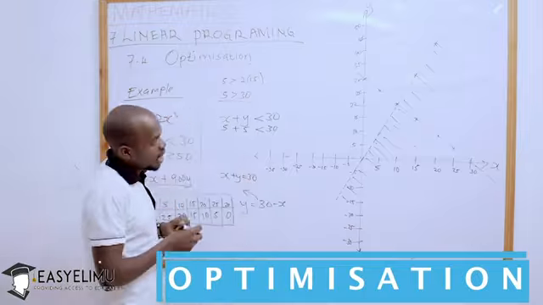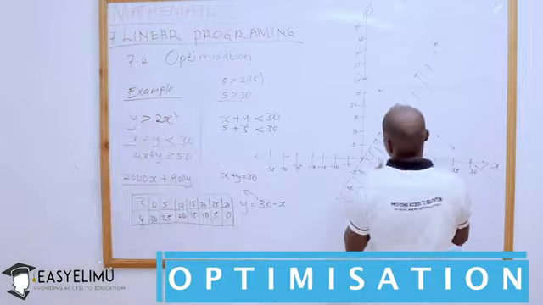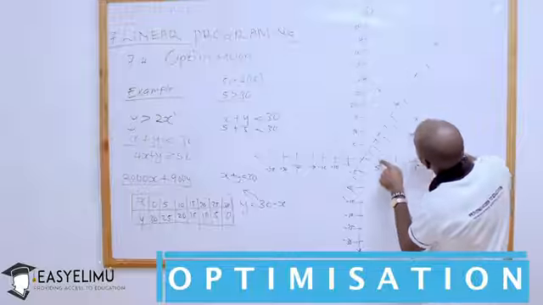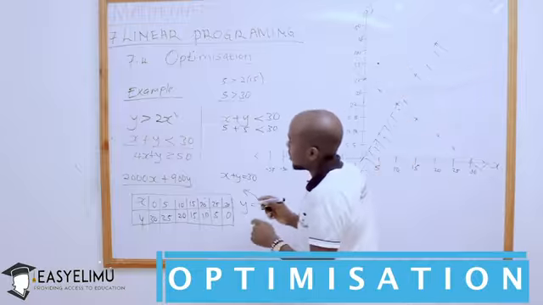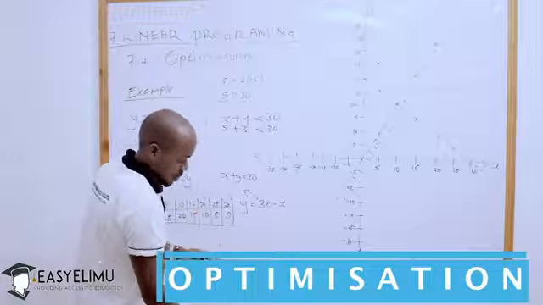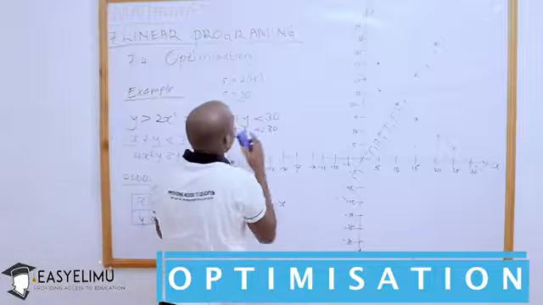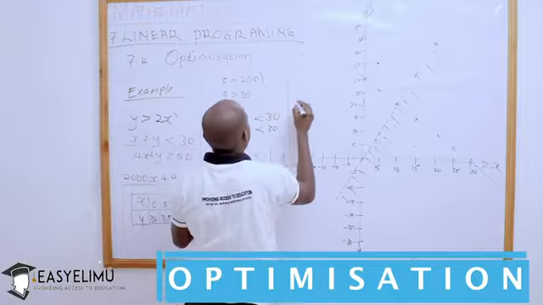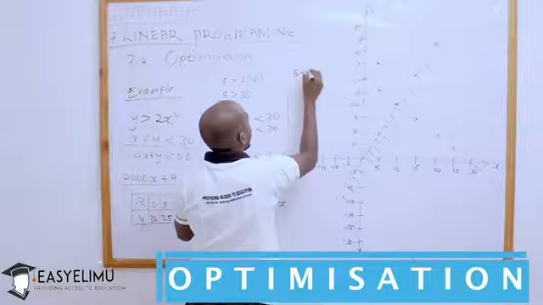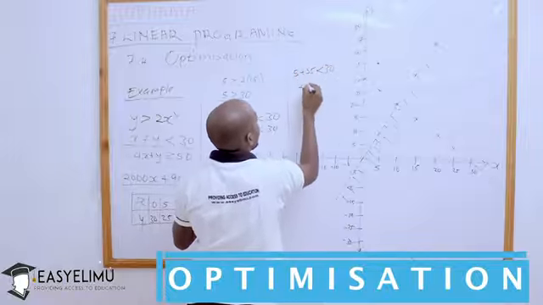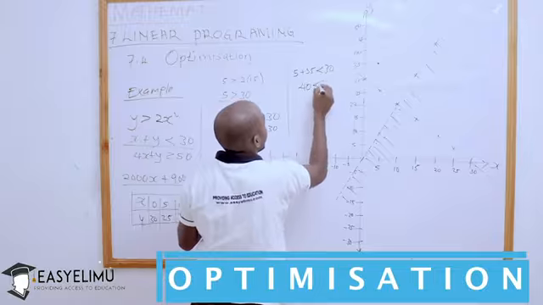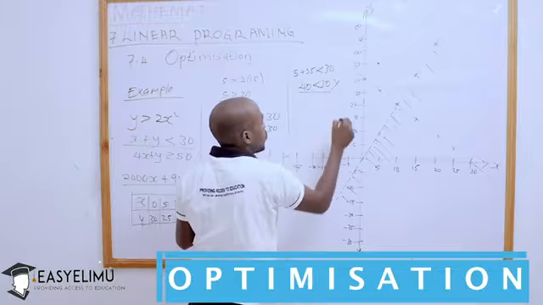Actually, it's true. If we take another point, for example (5, 35), a point here, then 5 plus 35 is less than 30 gives 40 is less than 30, and that is not true.